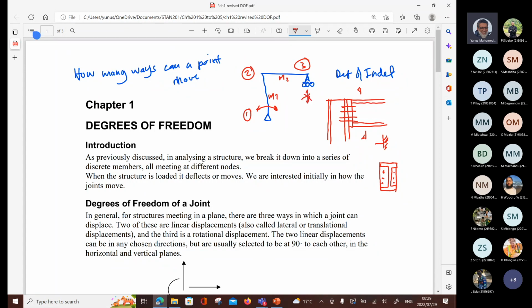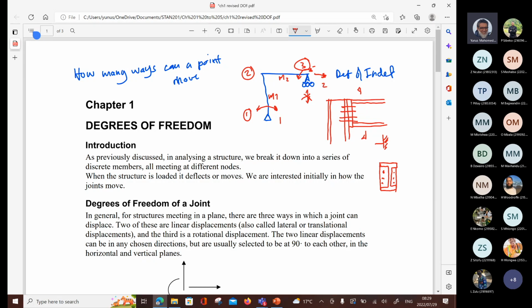Doesn't exist. Can it move horizontally? Yes, sir. Yes, correct. I heard somebody saying it in the background. It can move there. So I've got 1 degree of freedom. Can it rotate about that roller? Yes, sir. Yes, correct. So that's 2 degrees of freedom. So I've got 1 here, I've got 2 there.